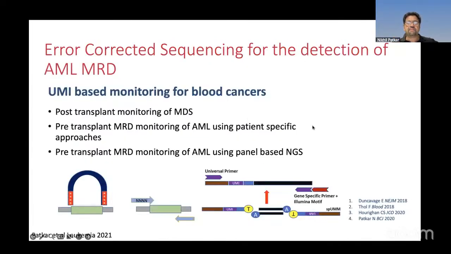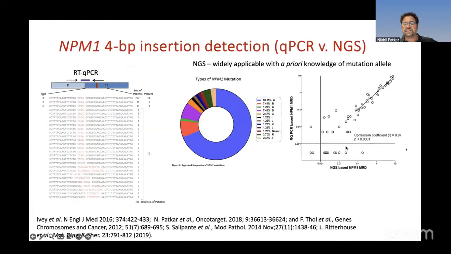So we developed a simple PCR based NGS assay, and it provided sequencing coverage at extreme depth. You can get sensitivity up to 0.0001 very easily, and this is comparable to real-time PCR. The advantage is that you don't need different real-time PCR assays.